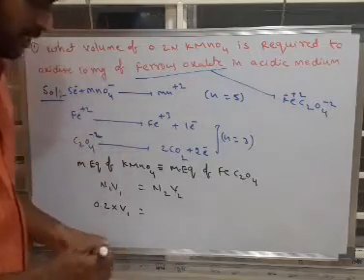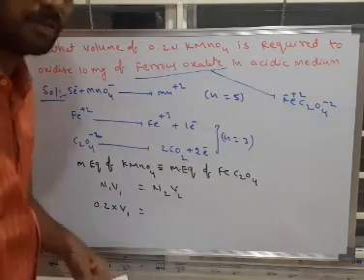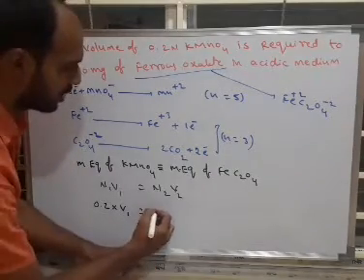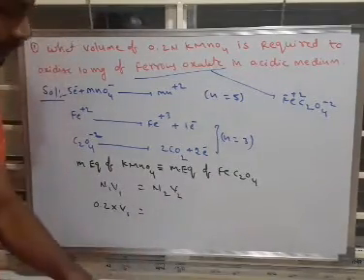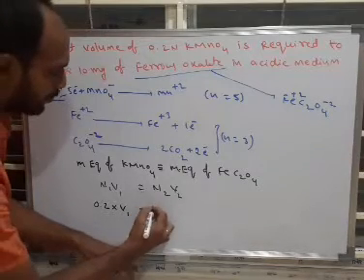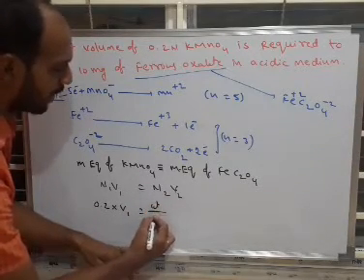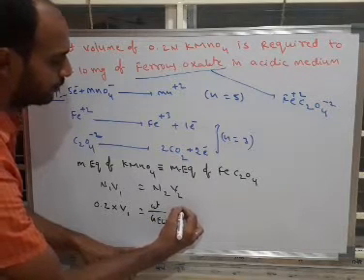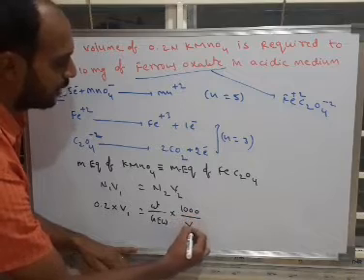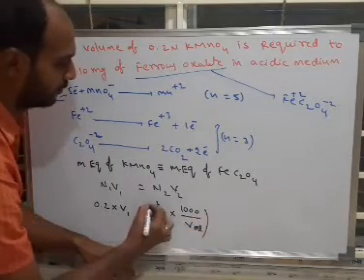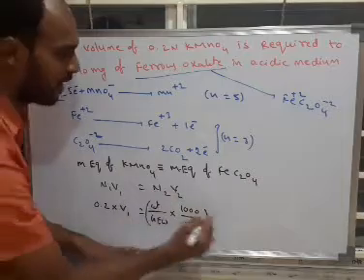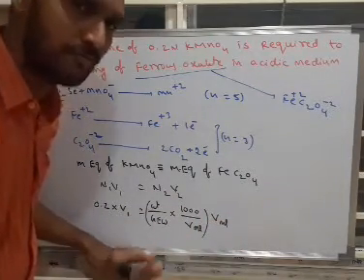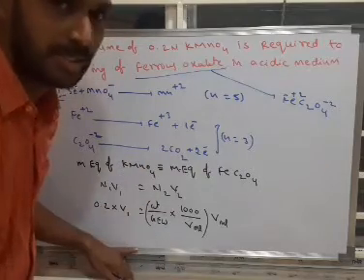We know the general formula for normality: weight by gram equivalent weight into 1000 by volume in milliliter. This is normality. The volume we just take as V milliliter because there is no information given for the volume of oxalate also.